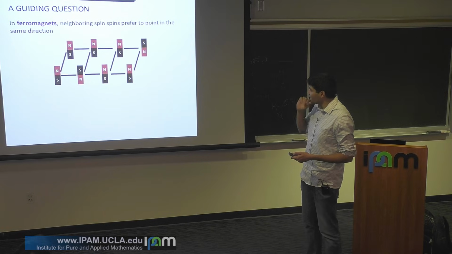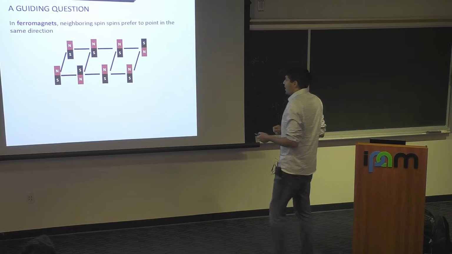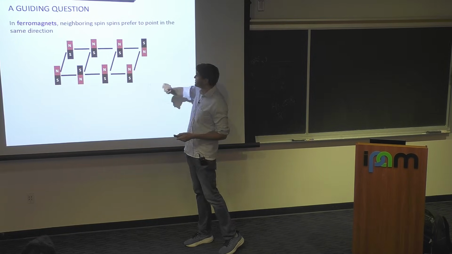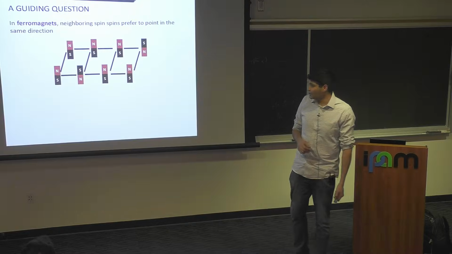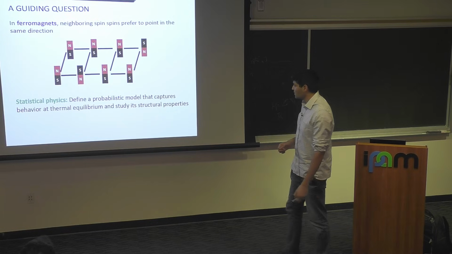To dive a bit more into the details, for things like ferromagnets, the basic principle is very simple: neighboring spins on the lattice prefer to point in the same direction. Now the physics that gives rise to that is a little bit complicated. It involves something called an exchange interaction. But for us, this is the starting point of what statistical physics is.